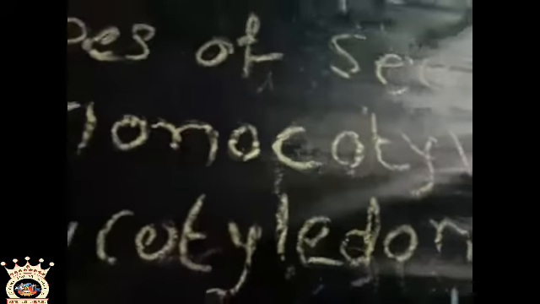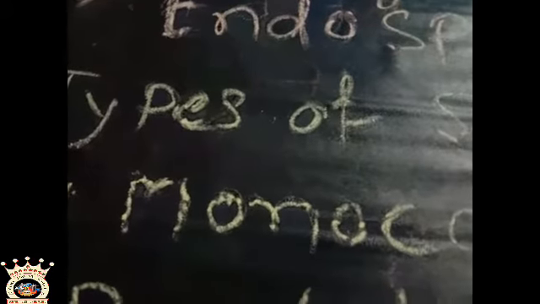Then the second one, dicotyledonous seeds. They have two cotyledons, two seed leaves, and they become fleshy because of storing food. At the time of seed germination, the cotyledon develops into the first green leaves of the young plant.